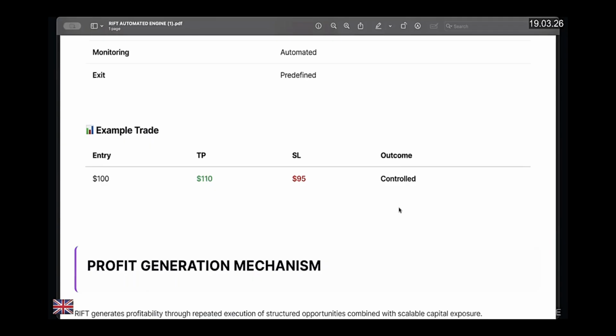So the outcome is always controlled. Same goes with the auto trading engine. In this case, when the take profit realization is at, let's say, $105, $102, the auto trading engine may close your trade by force at $105, $102, or $101.50 also.